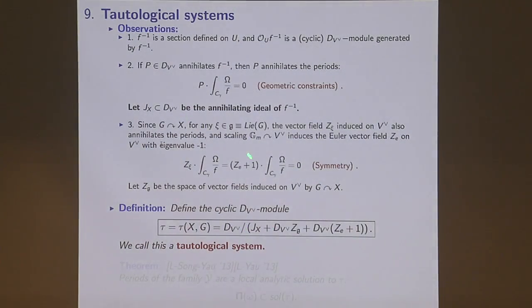So just by observations 1 to 3, automatically this left ideal will annihilate all the period integrals. And so this D module will in fact be a partial solution to the Riemann-Hilbert problem. We call this D module a tautological system.